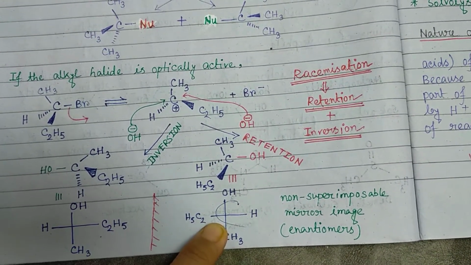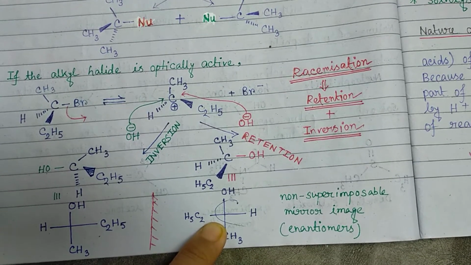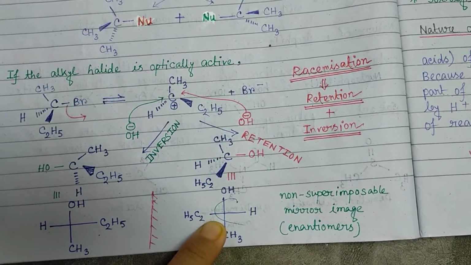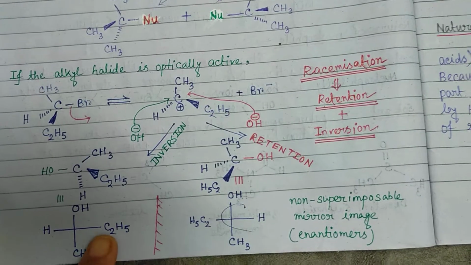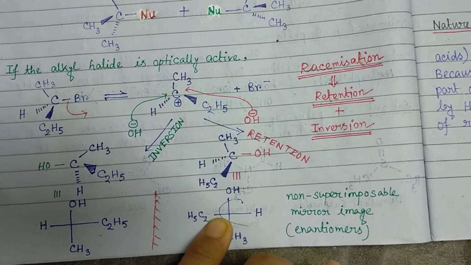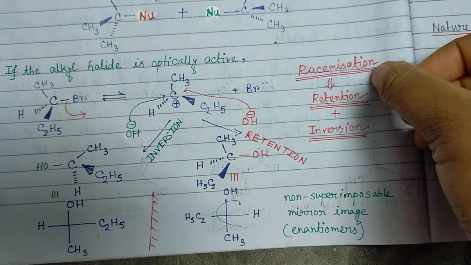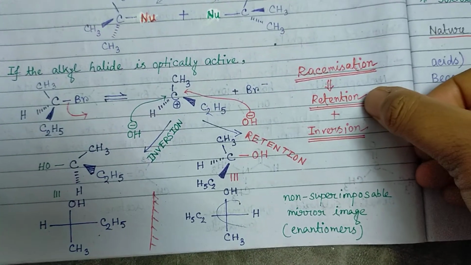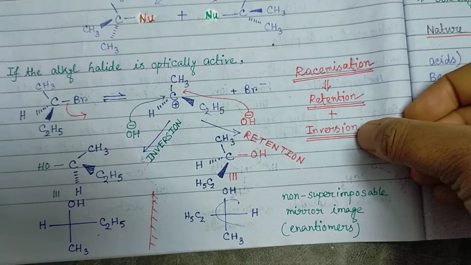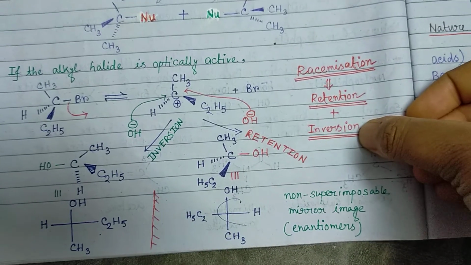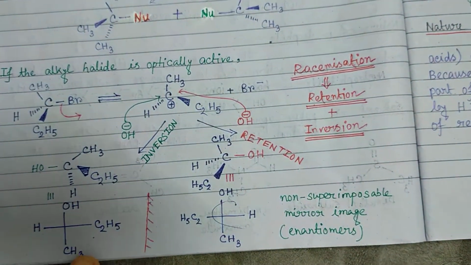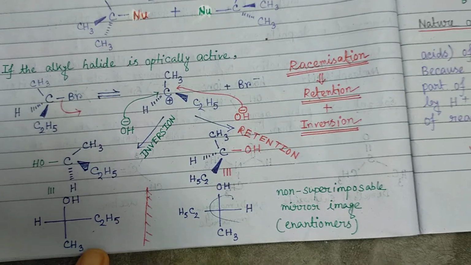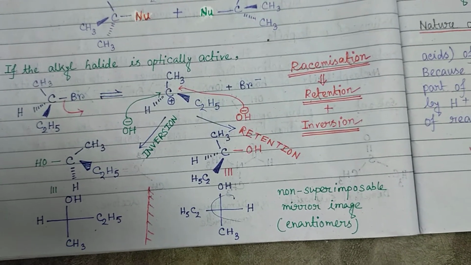So these two are different stereoisomers: one with inversion, another with retention. This process is called racemization, where both the compound with retention and the compound with inversion are formed, and racemization occurs in the case of the SN1 reaction.